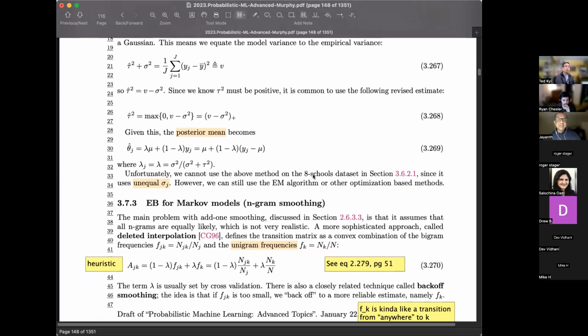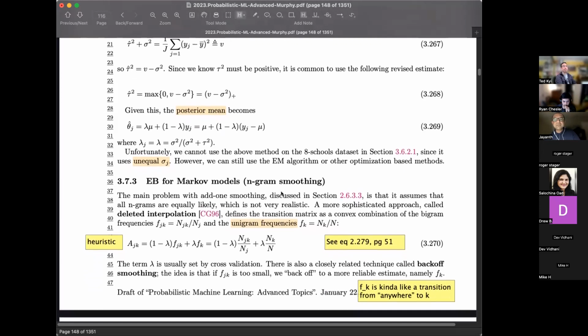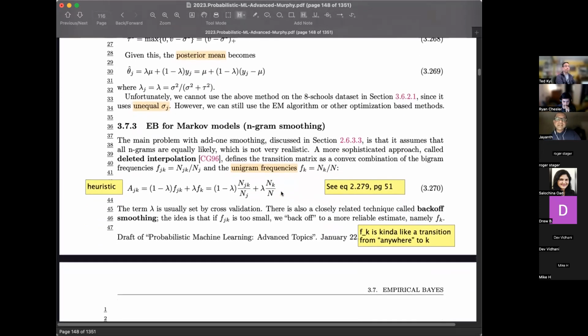And then he says you can't use it for the 8 schools data set since it has unequal sigma j's. And then he says to use the expectation maximization algorithm if you want to try it out.